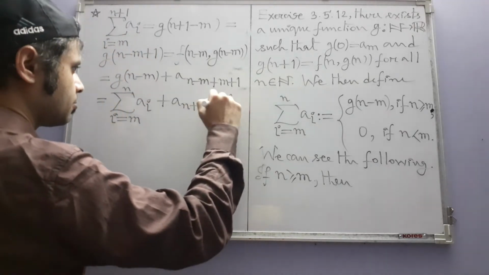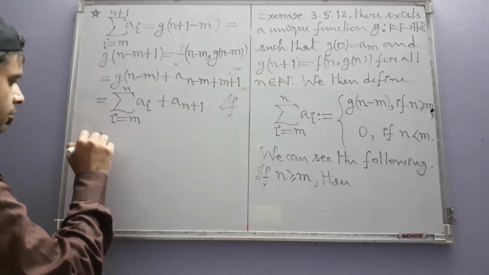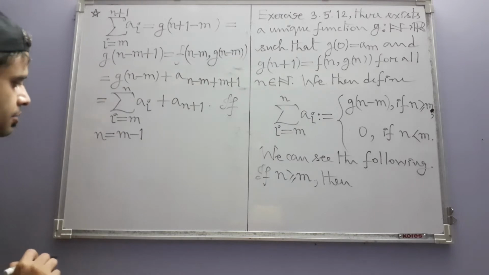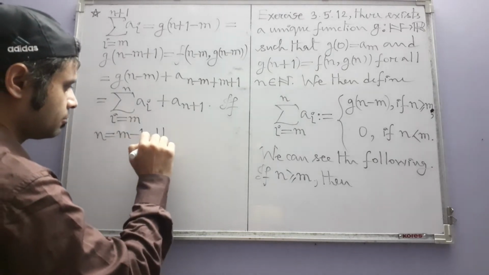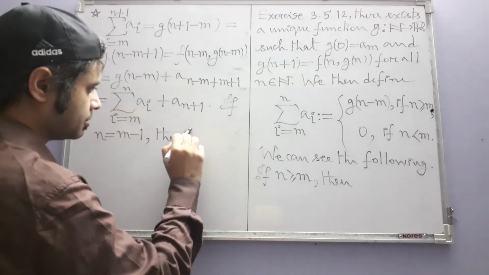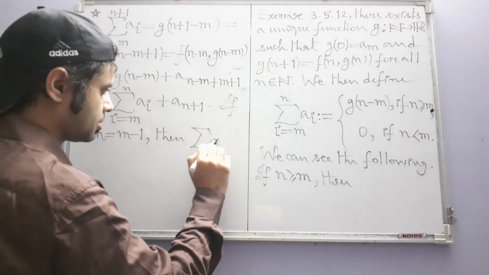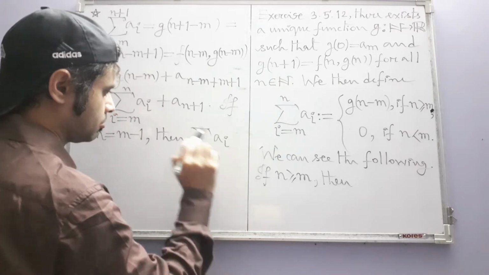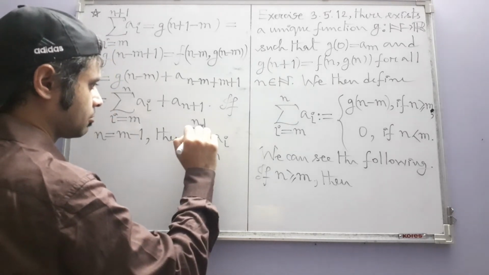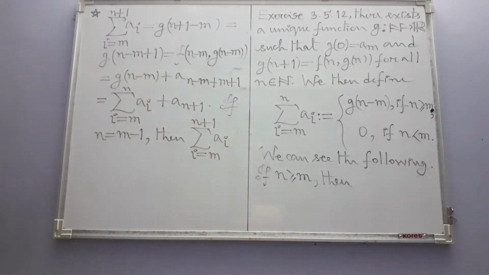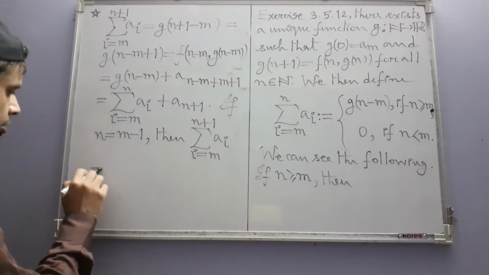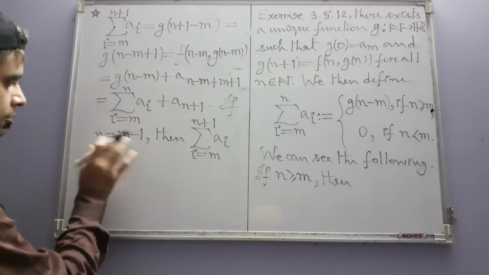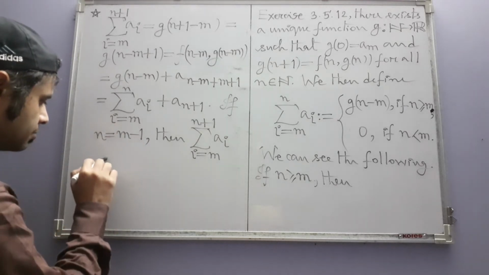If n is equal to m minus 1, then what happens to this sum? n plus 1 is m, which is a consequence of this equation.